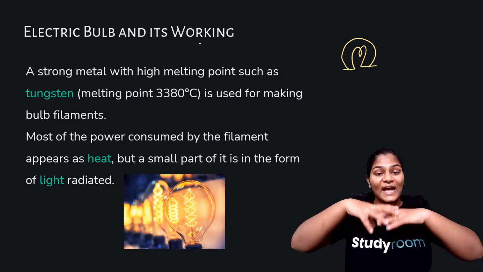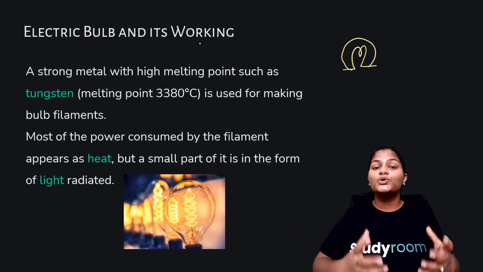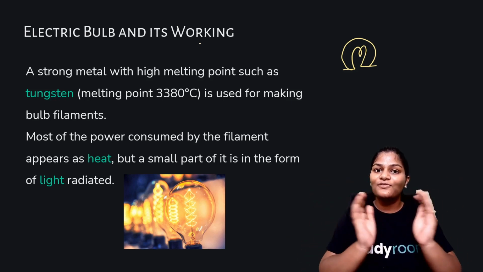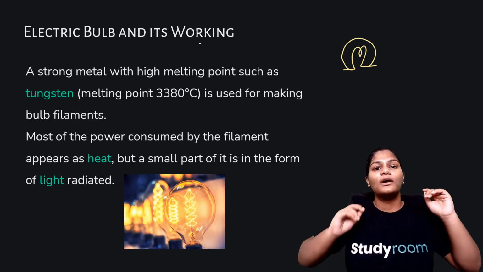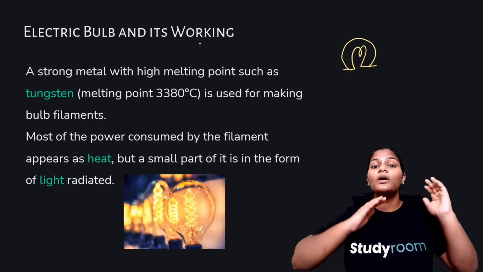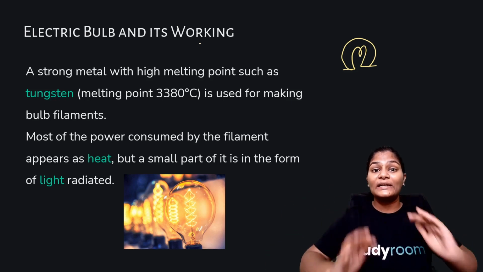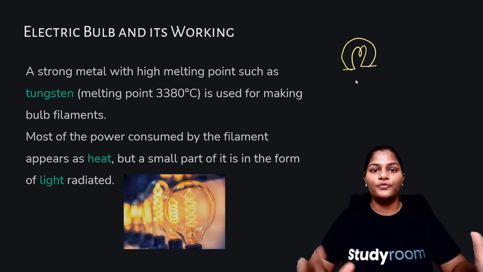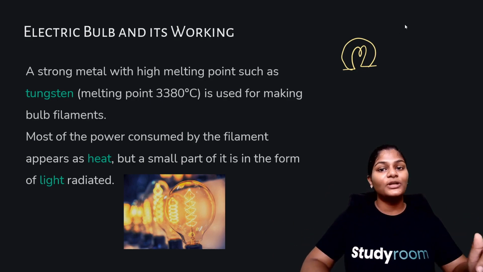So inside that glass encasing, usually an inactive gas like nitrogen is filled so that the tungsten filament is protected from processes like corroding or any other damage that can happen to it, to prolong the life of the bulb so that it keeps working well for a long time. Now I'm going to show a video which is going to make it a little more clear to you.